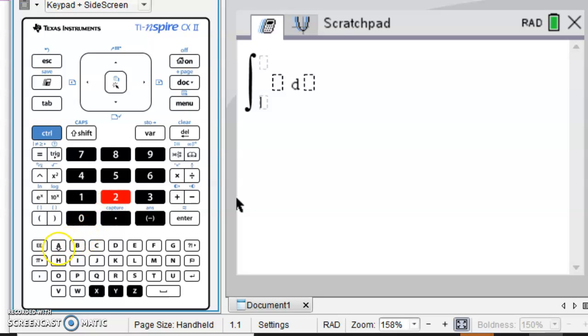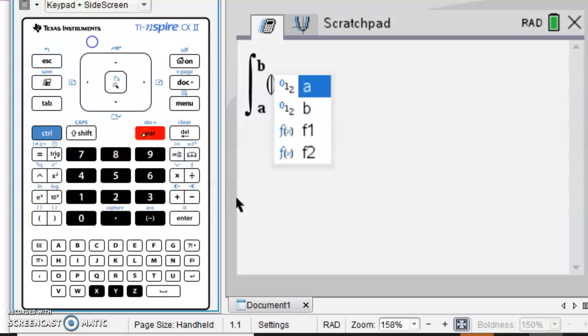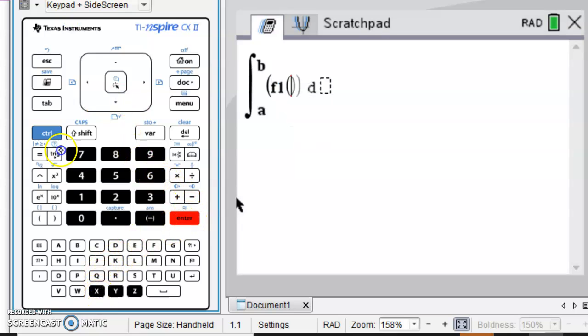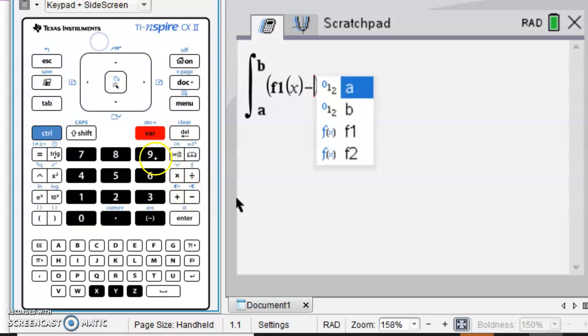We're going to integrate from A to B of our height function, or our side, I'll call it our s of x that we called it on the previous page. That's going to be f of x minus g of x. So in my calculator, I know that as f1 of x, that's f of x, minus g of x, that's known as f2 of x.